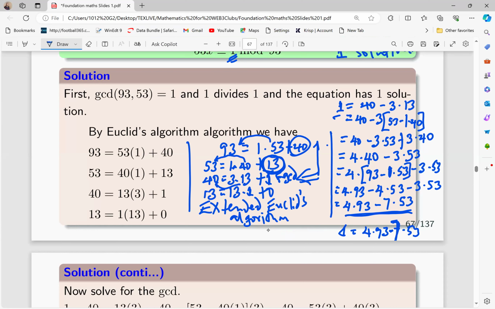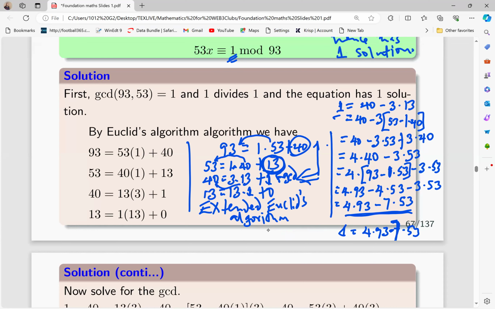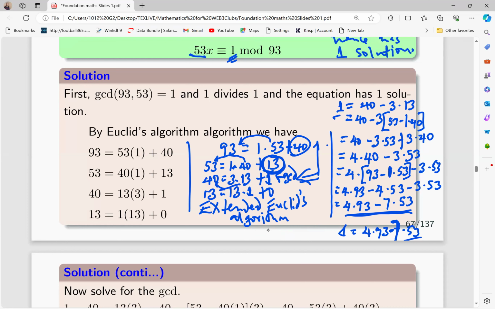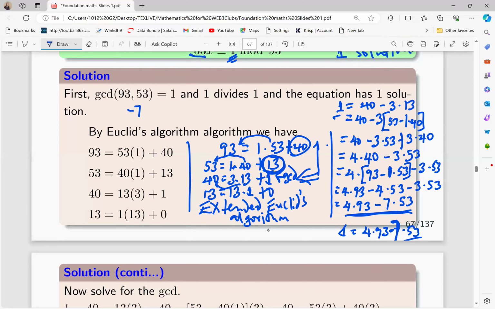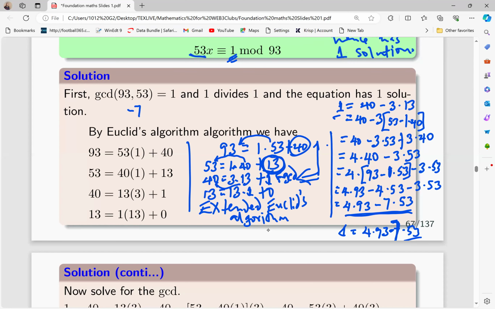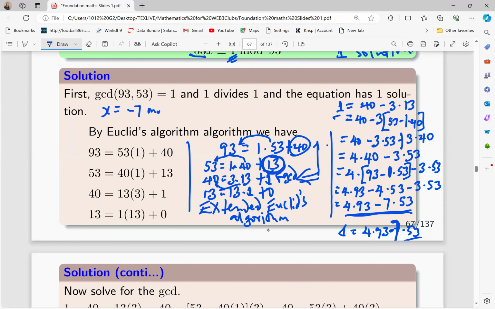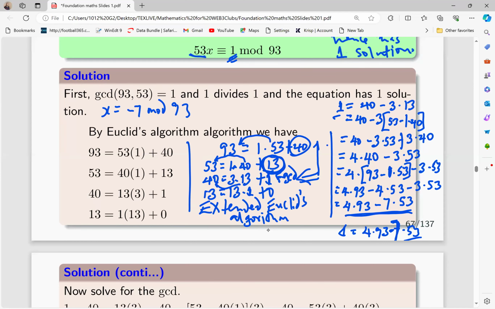So what did you want actually? We wanted a number which multiplied by 53 gives us 1. 53 is here. The number that is multiplied by it is negative 7. So we've just found that negative 7 is our x mod 93.